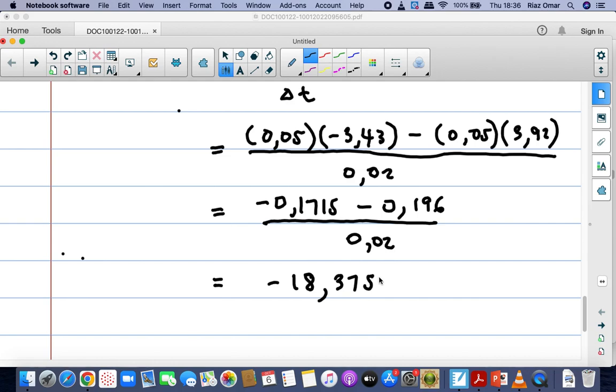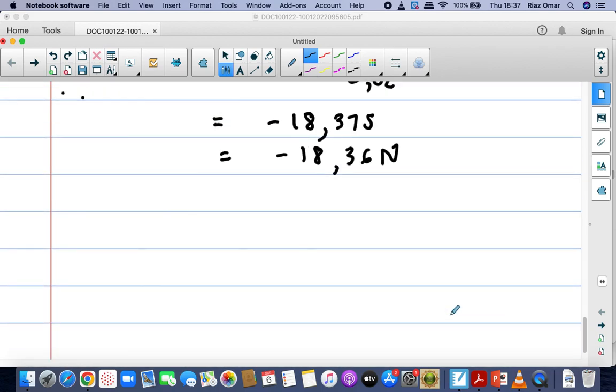So that gives you minus 18,36 newtons. So that will be the net force that occurs in this case.